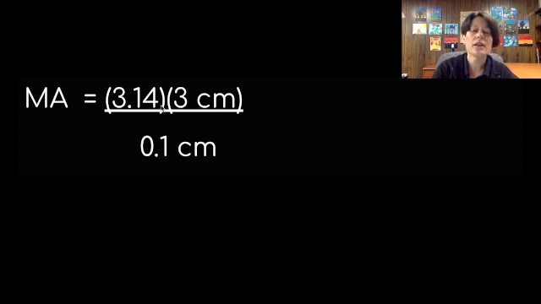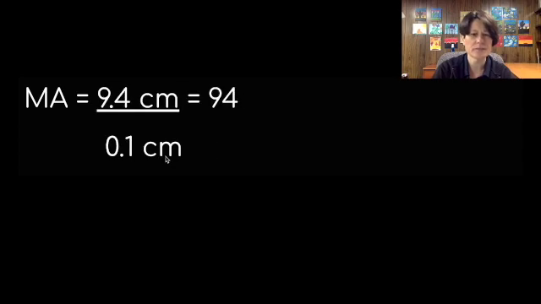Remember, I said that we find the circumference by multiplying the diameter times pi, which is rounded off to 3.14, and then we divide by the pitch. When we do that, we have 9.4 centimeters divided by 0.1 centimeters, which is a mechanical advantage of 94. That is huge, isn't it? So by using a screwdriver, we really multiply that mechanical advantage.